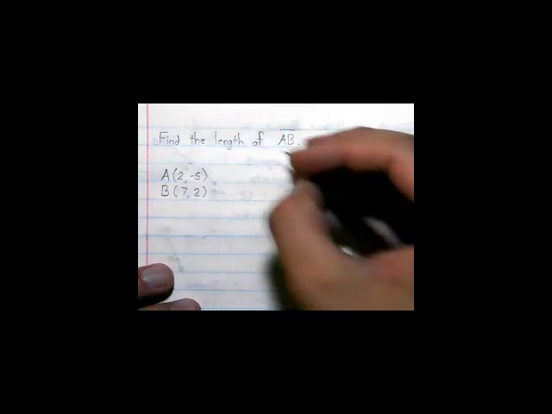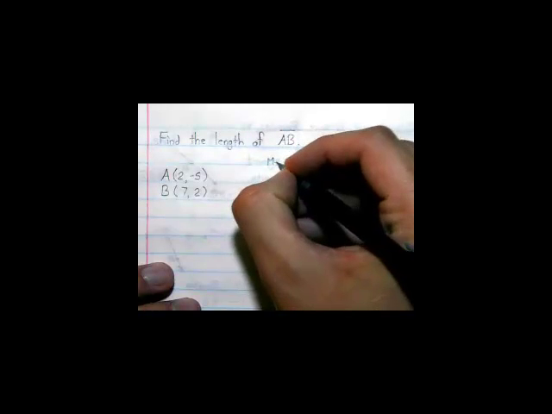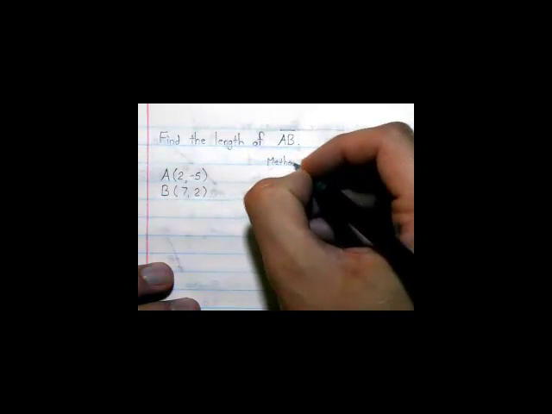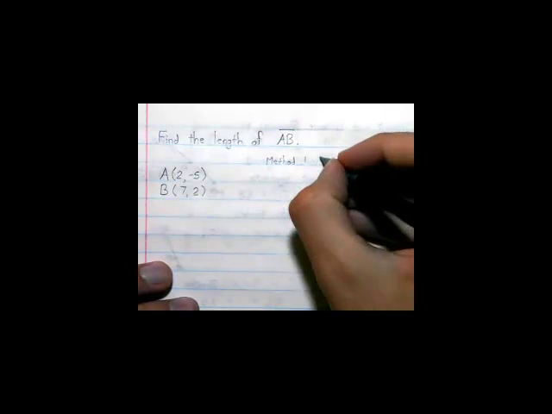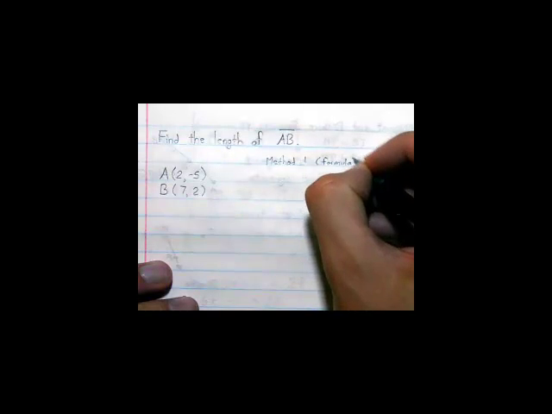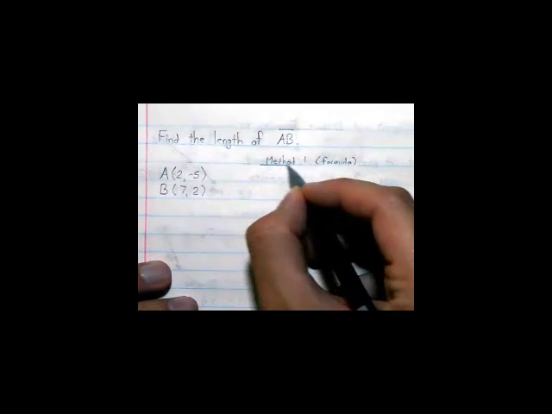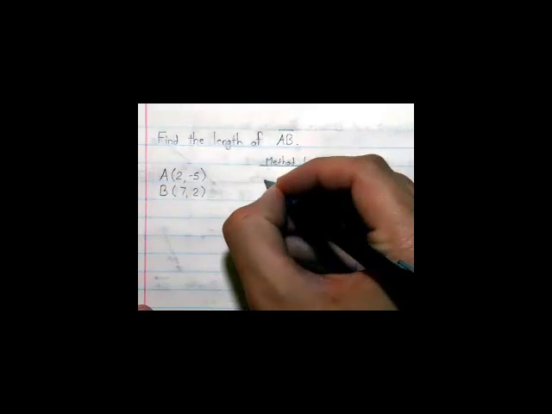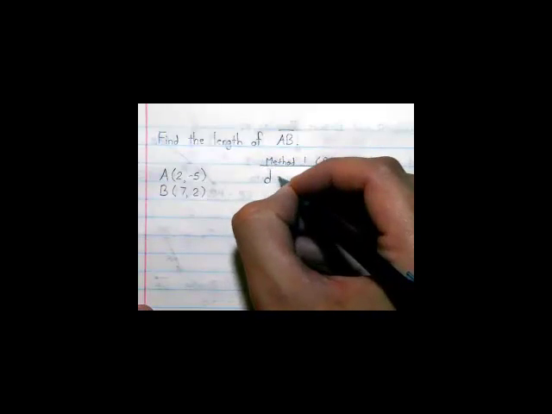All right, so the first method, we'll do the formula. I know you probably don't want to do this, but the first thing I would do, just so you don't make any mistakes, is write the formula out without any numbers in it.